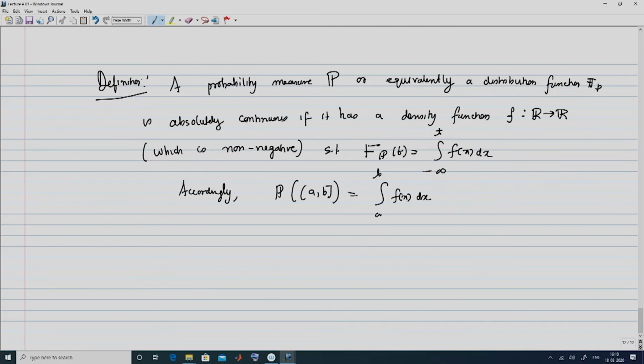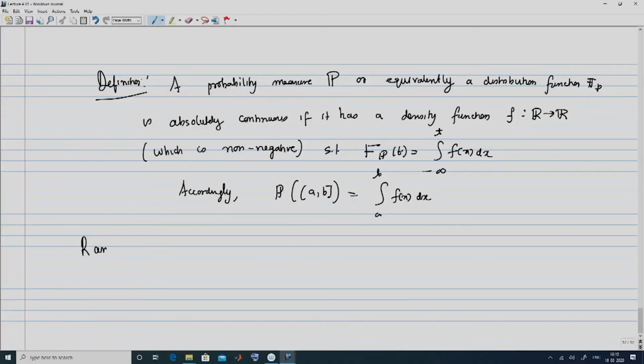Alright, so now that we have defined what is the distribution function and what is the probability density function, we are in a position to start talking about what is the random variable in the context of a continuous distribution. So, accordingly, we revisit random variable in this setup now. Let (omega, sigma) be a measurable space.